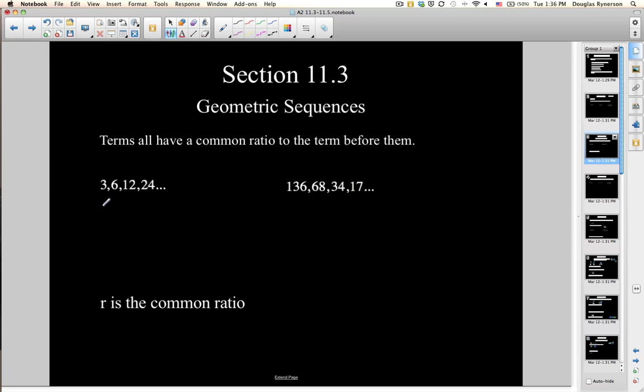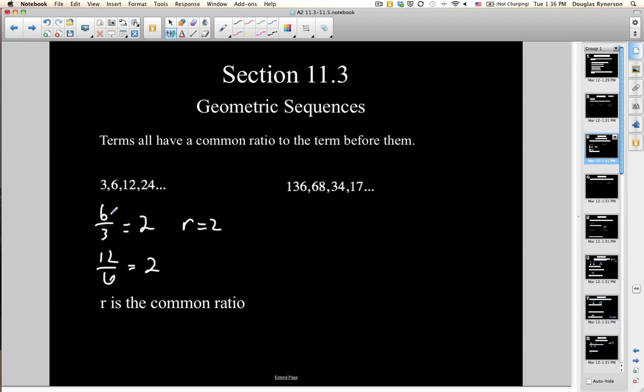So if I take the second term and divide it by the first term, and I take the third term and divide it by the second term, you'll notice 6 divided by 3 was 2, 12 divided by 6 is 2. In this case we have a common ratio. With the common difference we were subtracting the first term from the second term.